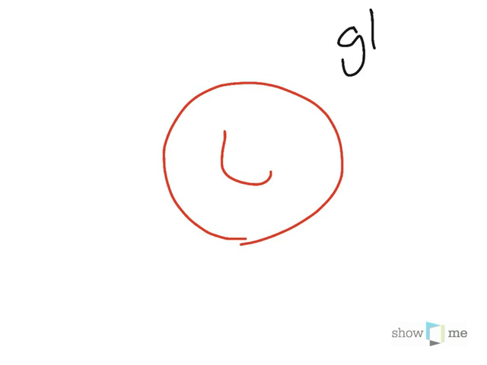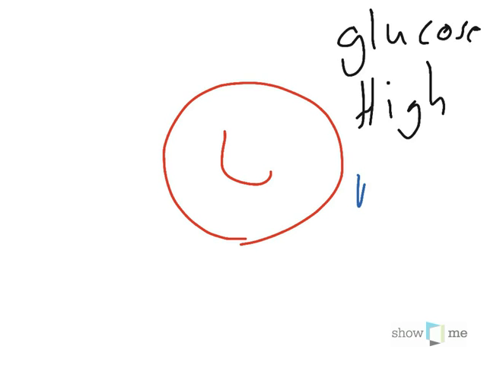And it's going to be high. Now, what does it mean if glucose is in high concentration? If glucose is high, water is low. Water moves from an area of high concentration to an area of low concentration.